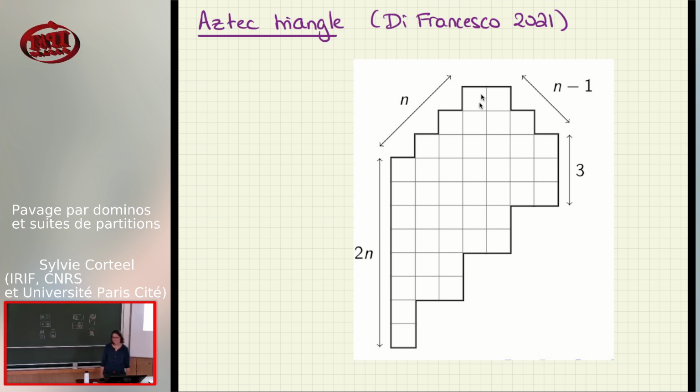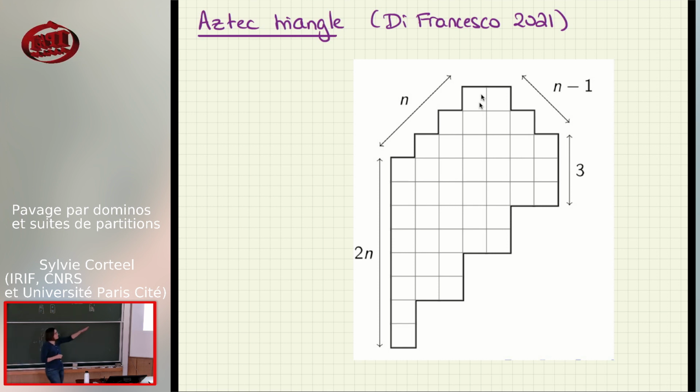But anyway, we're going to look at a shape that's like Aztec style on the top. I have n corners, then like that, then I have n minus 1 corners, so here I took n equals 3. And then I go down 3, and here I go down 2n.